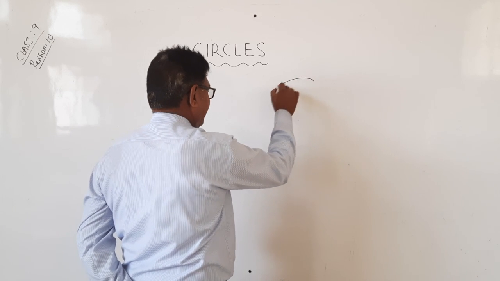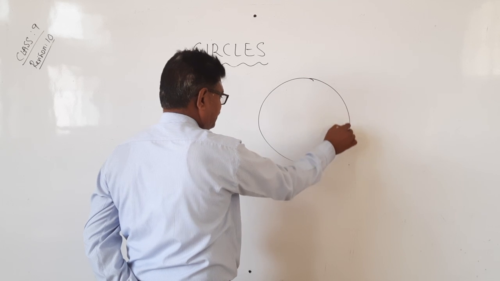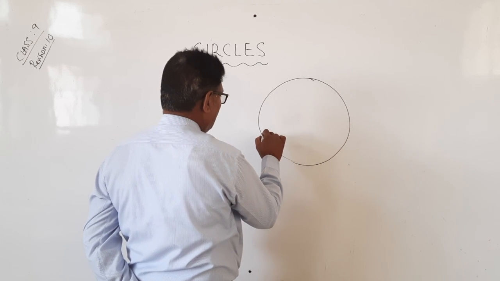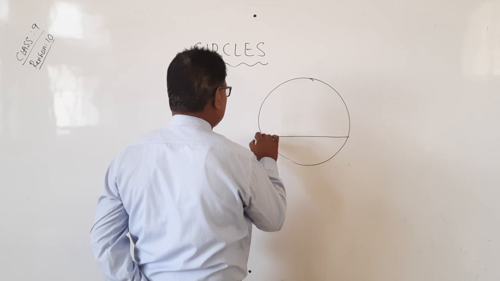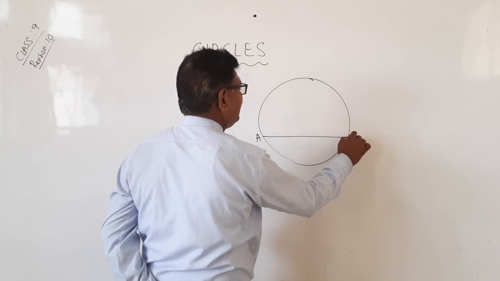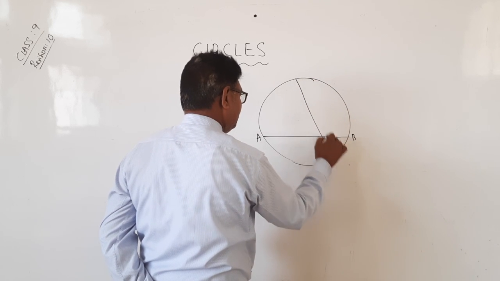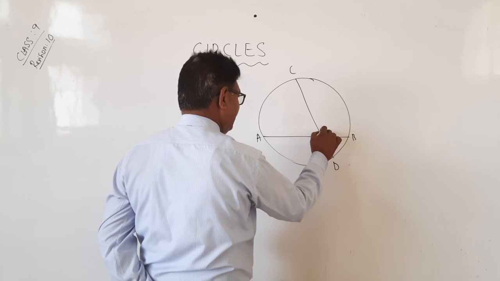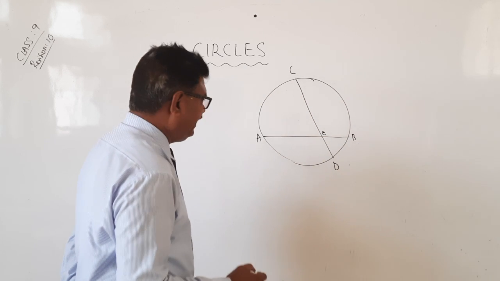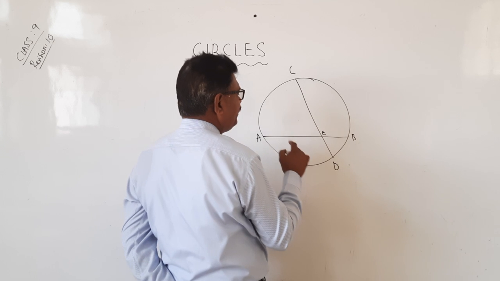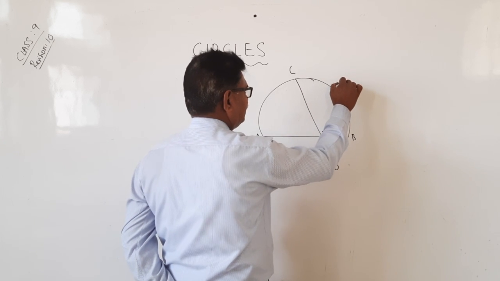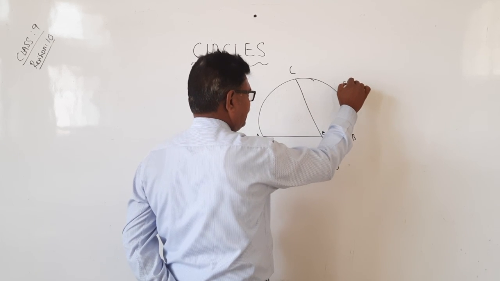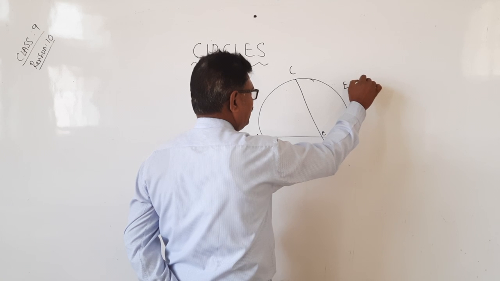Here one circle is there. In this circle, two equal chords AB and CD are intersecting at one point E. Then we have to prove that the intersection segments are equal, that is EB equal to ED.